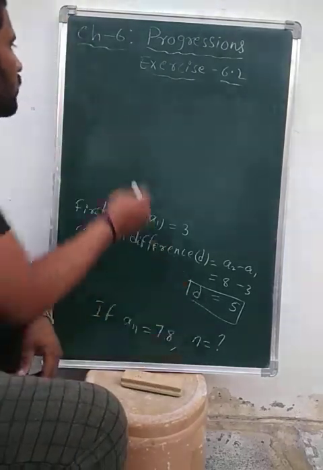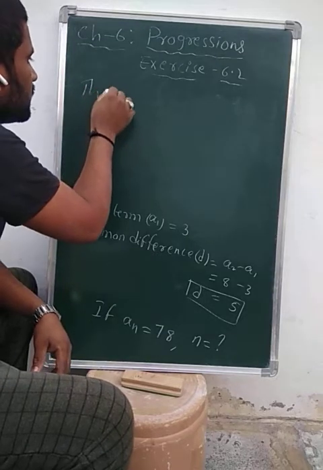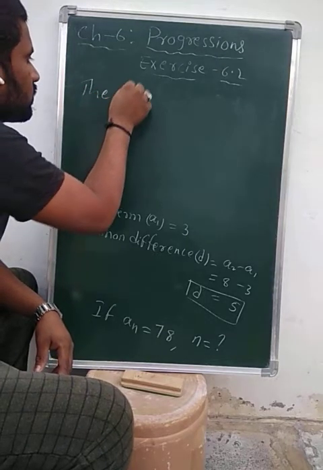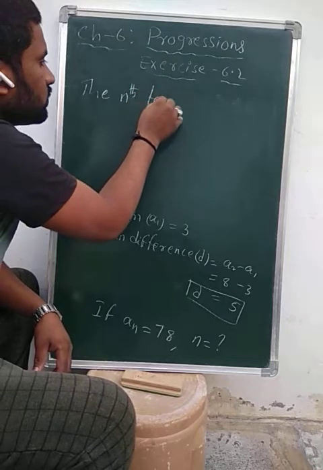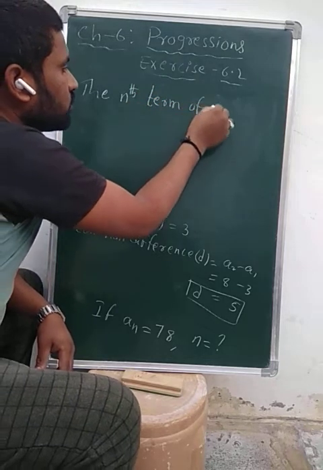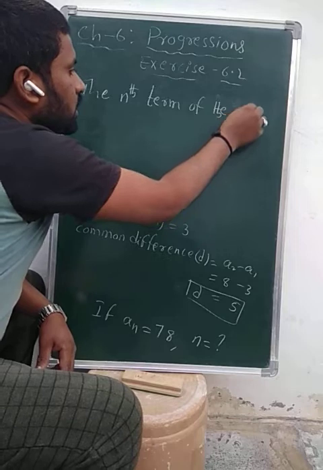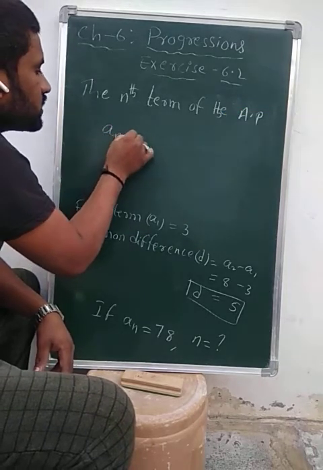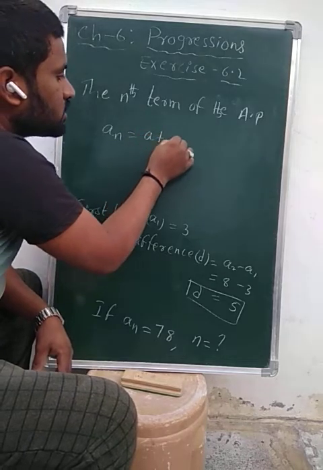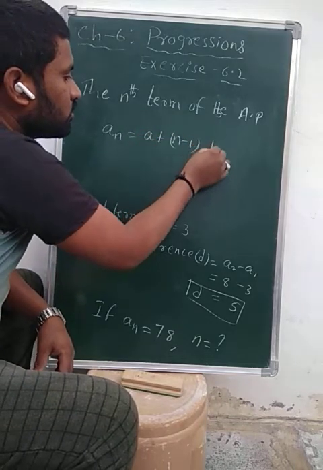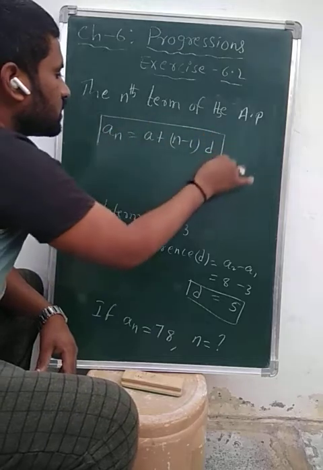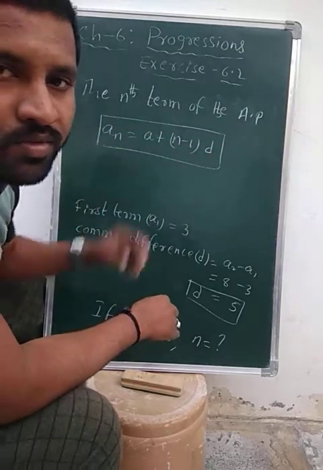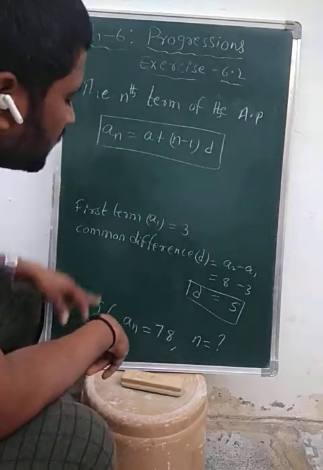we have a formula. The nth term of the AP is an equal to a plus (n minus 1) d. This is the nth term of AP formula. So what do we take?